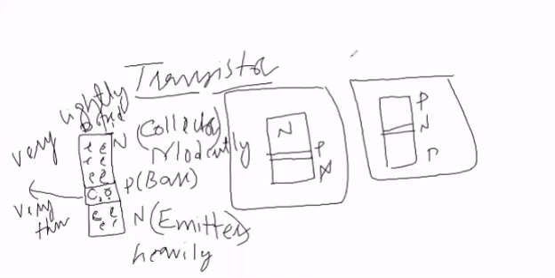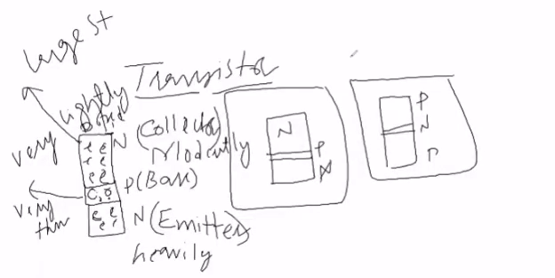Okay? So physically the size of the collector is larger than the other two parts. So the collector is the largest of the three parts. You can say the collector has the largest physical size because it collects the majority carriers.